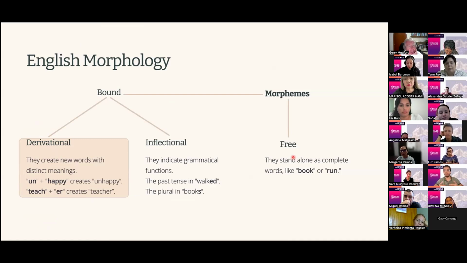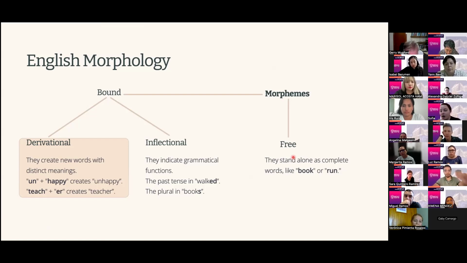They're the opposite of free morphemes. In this case, we have 2, derivational and inflectional. I'm gonna focus more on derivational, which are used to create new meanings. Inflectional, on the other hand, just change the form of the word. They don't really change the meaning, which derivational morphemes do.